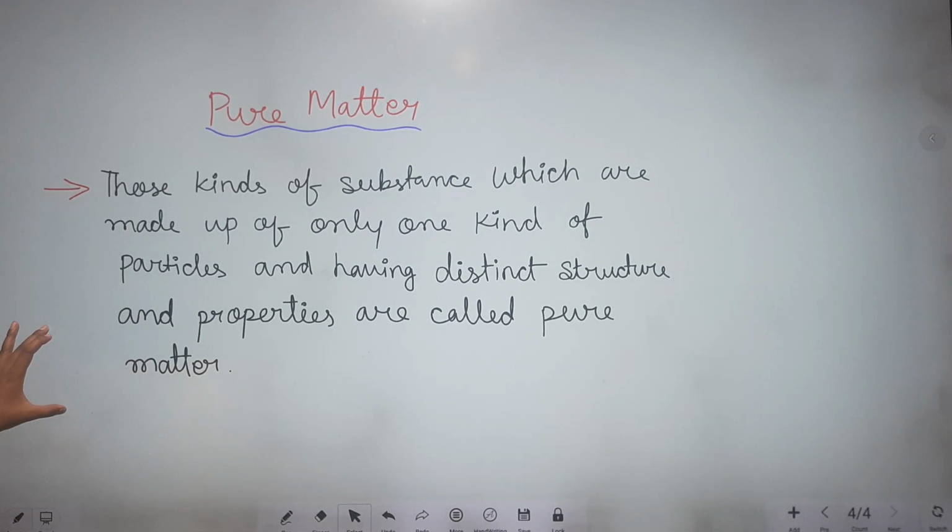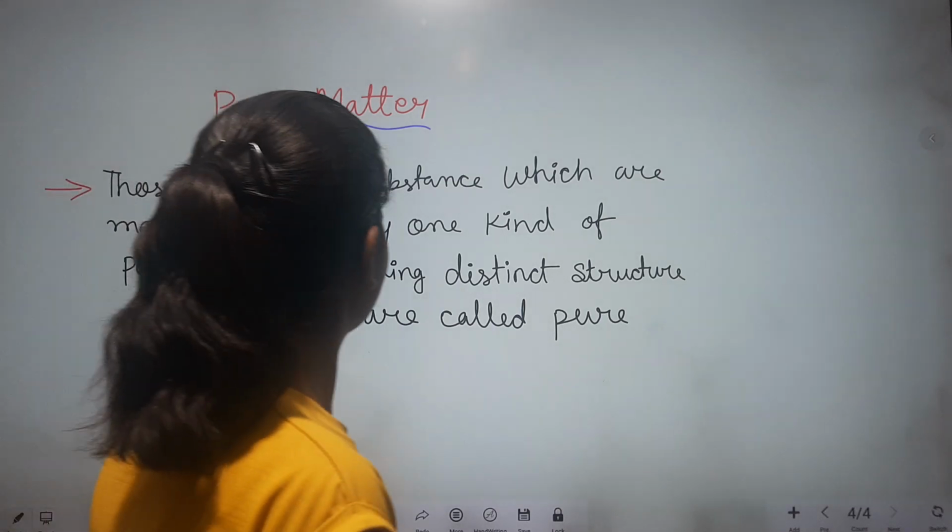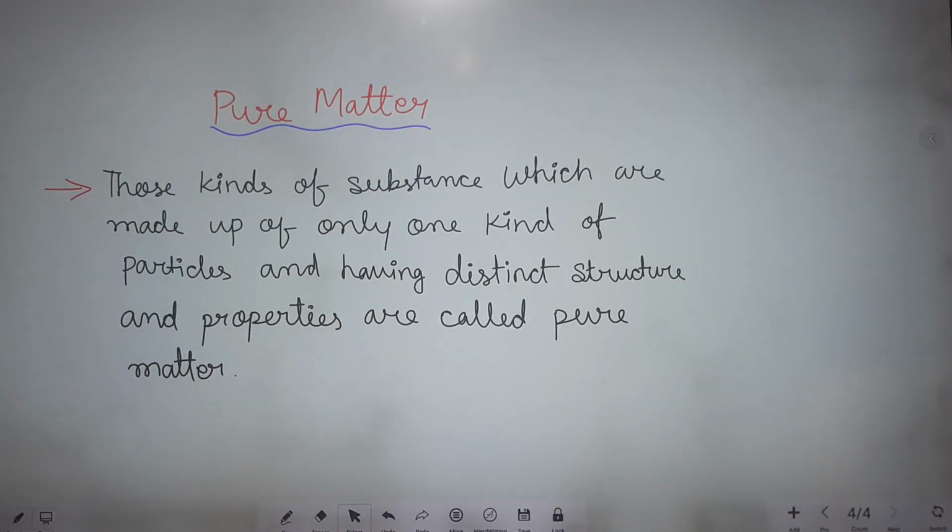So what is pure matter? Those kinds of substances which are made up of only one kind of particles, and having distinct structure and properties, are called pure matter.